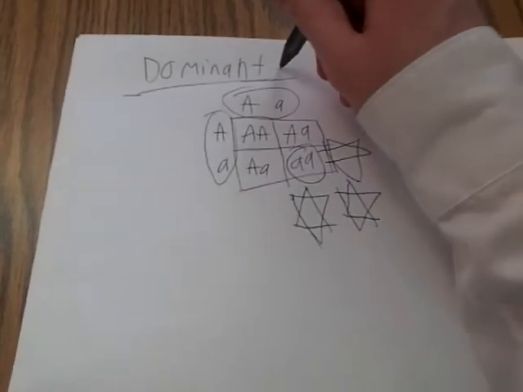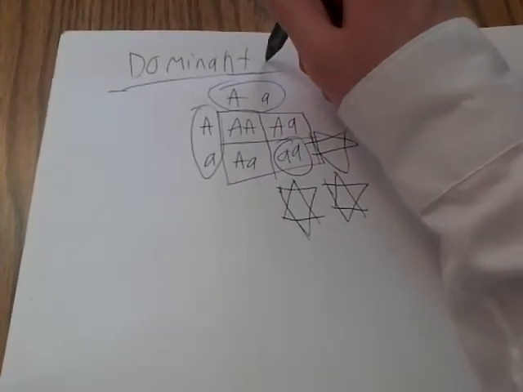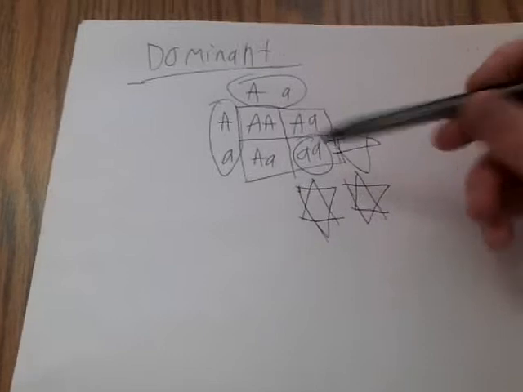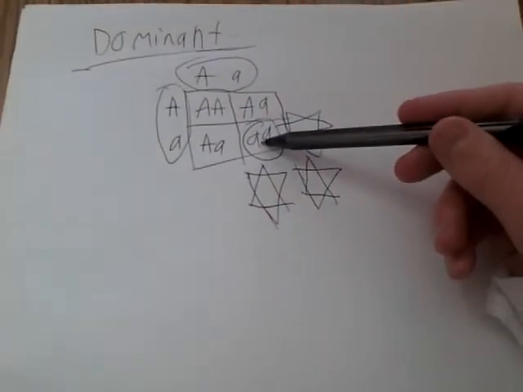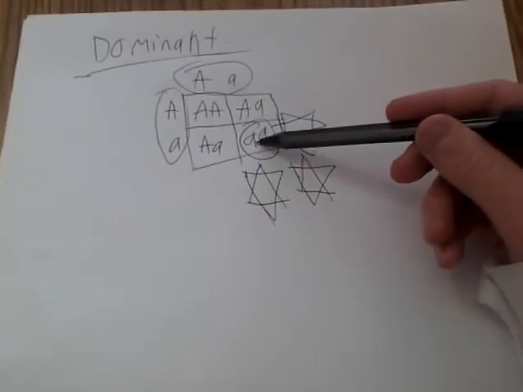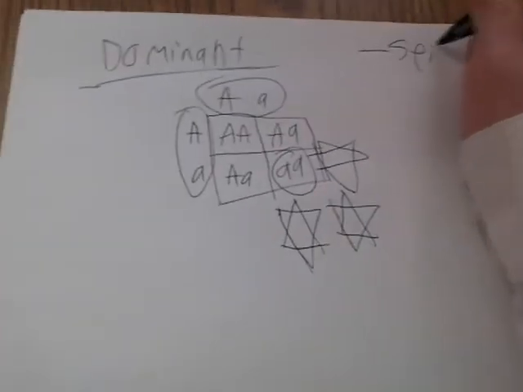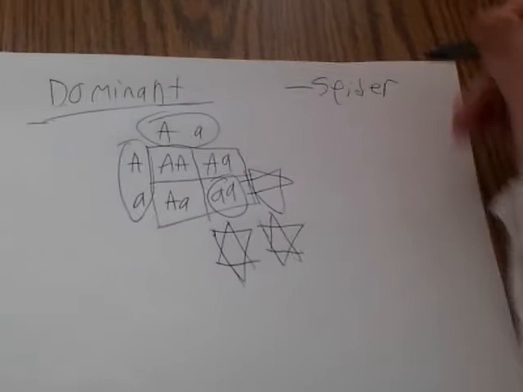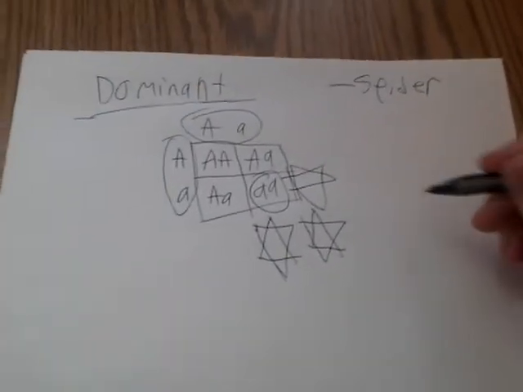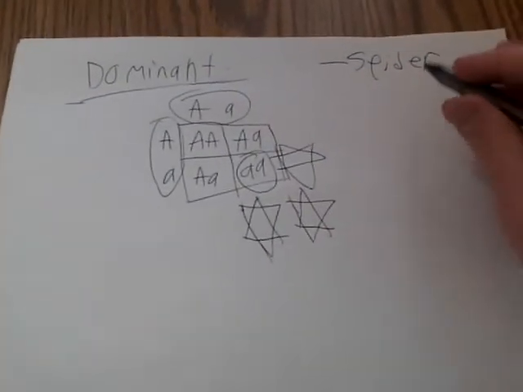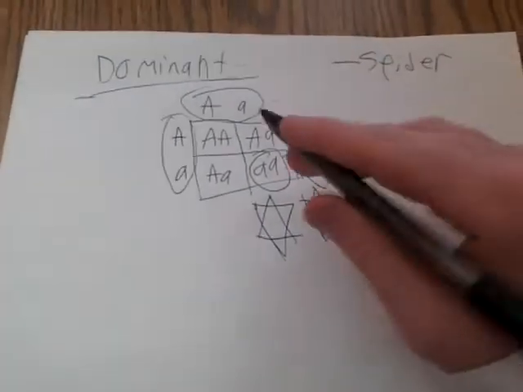I'm just going to call it dominant right now, because here's the thing: there's no such thing as a super form. Here are a few examples. The spider ball python is a dominant gene. Just dominant, not codominant.